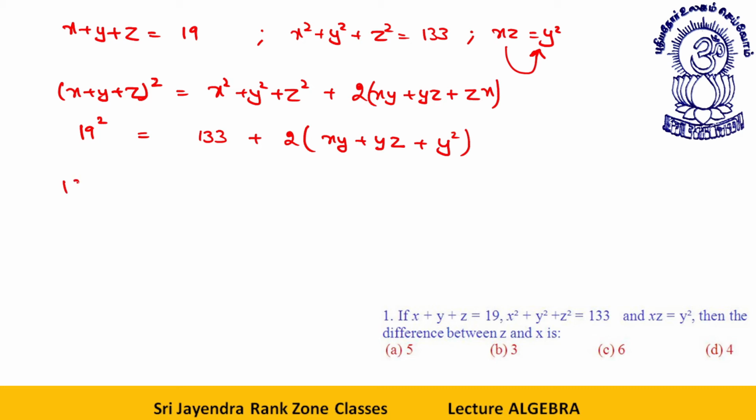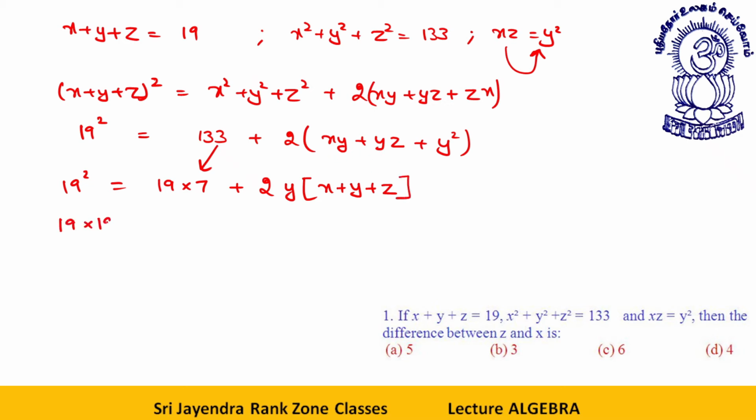See, this is 19 square is equal to, I can write 361 minus 133, but rather I can write this as 19 into 7, plus twice of, if I take y common from here, what I am left with is x plus y plus z. Okay, if I take a y common.